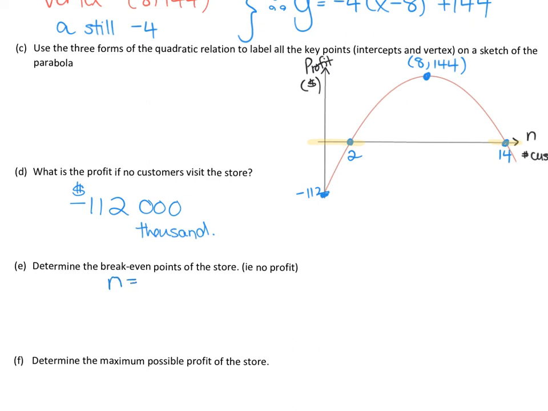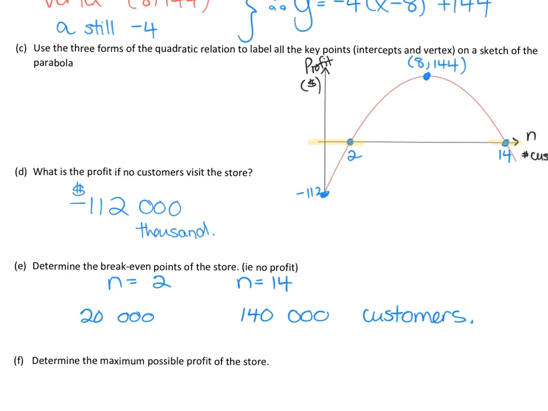When n equals 2 and n equals 14. So in 10,000s, that's 2 10,000s, which is 20,000, or 14 10,000s, which is actually 140,000 customers, right? So they will break even if they have 20,000 customers or 140,000 customers.